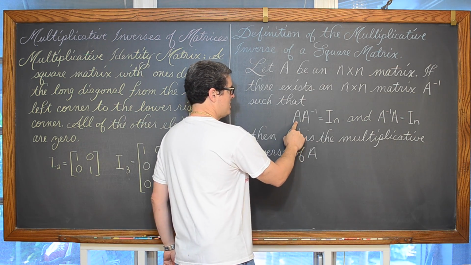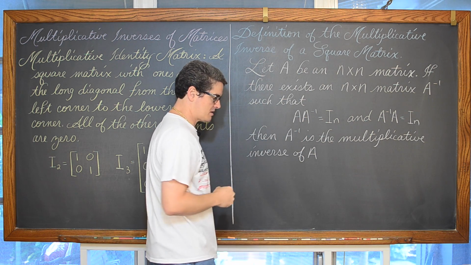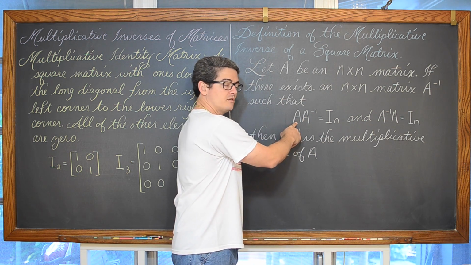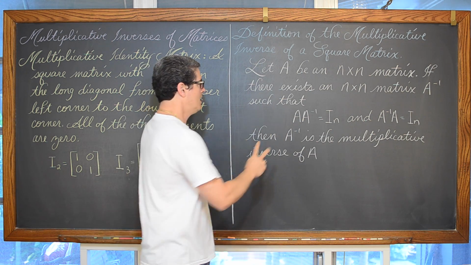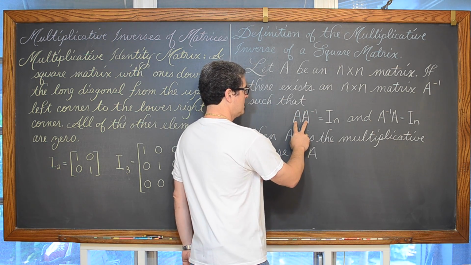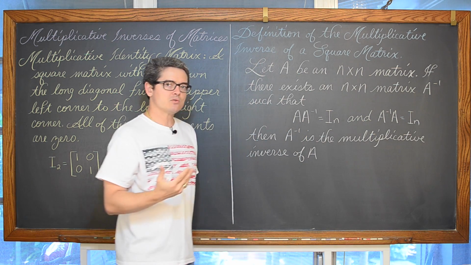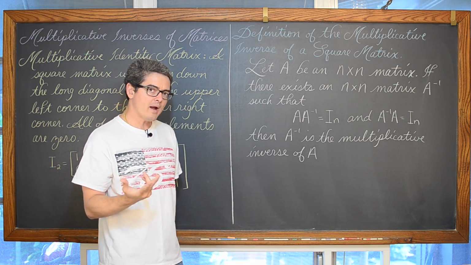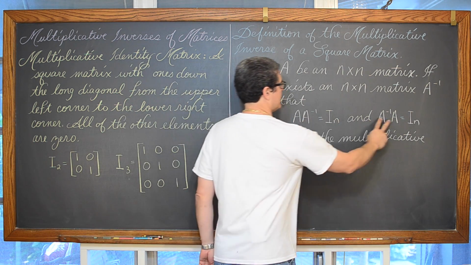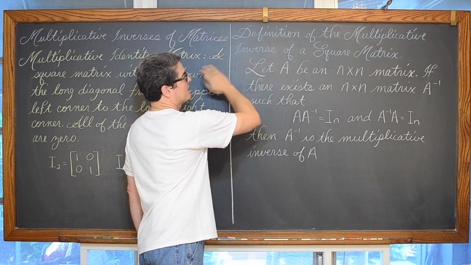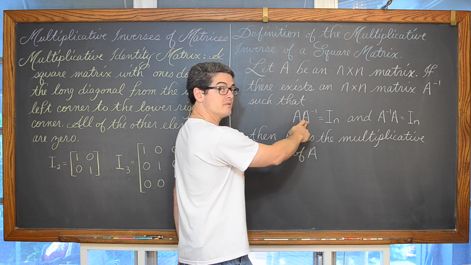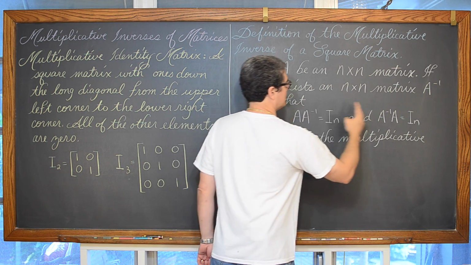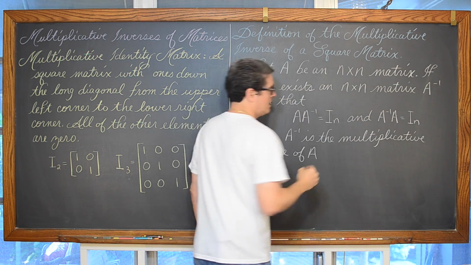When you multiply a matrix by another matrix, the number of columns in the first matrix has to match the number of rows in the second matrix. So we can multiply matrices together that aren't square, but to have this idea of a multiplicative inverse, we need to be able to take the original and what we believe is the inverse matrix and multiply it in both directions.